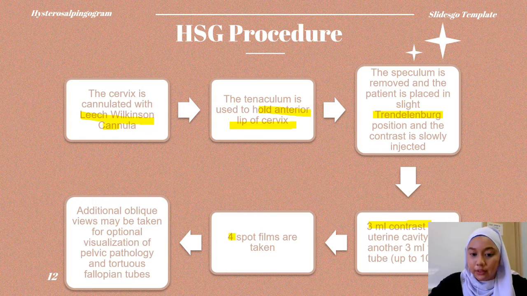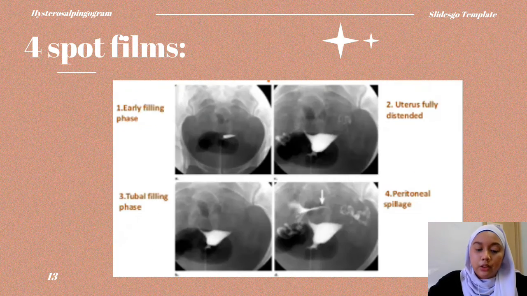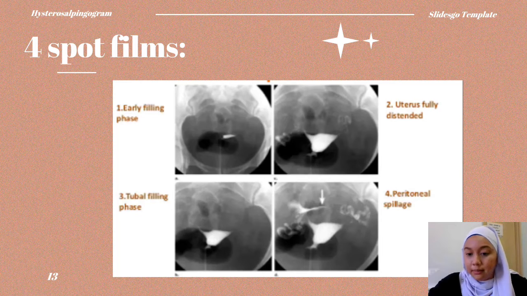And then we will take 4 spot films. Lastly, if necessary, we'll take additional oblique views for visualization of pelvic pathology and a tortuous fallopian tube. So here are the 4 spot films that we took.